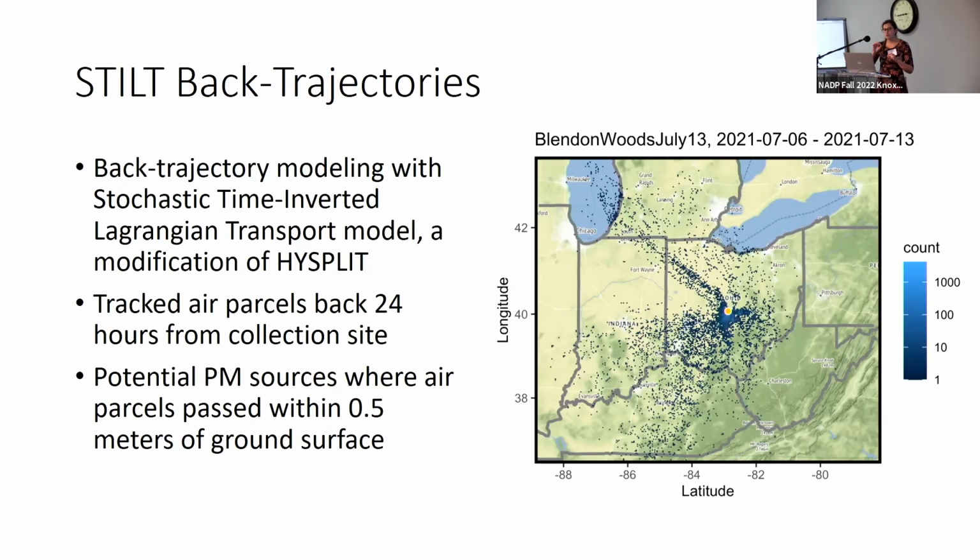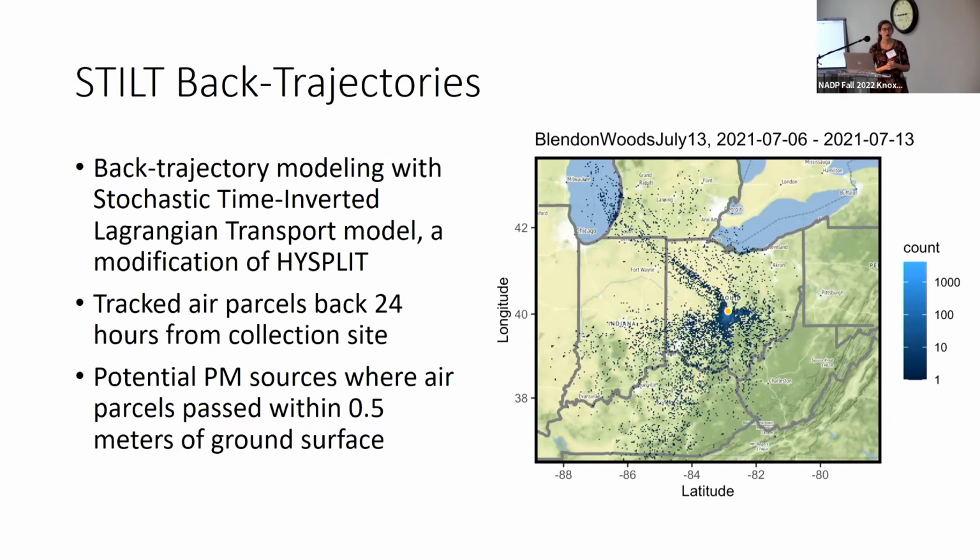From each of the collector sites, I tracked air parcels back 24 hours from the collection site repeatedly over the week where the collection was happening. Then I filtered those back trajectories for anywhere the air parcels passed within half a meter of the ground surface as a potential source of particulate matter.